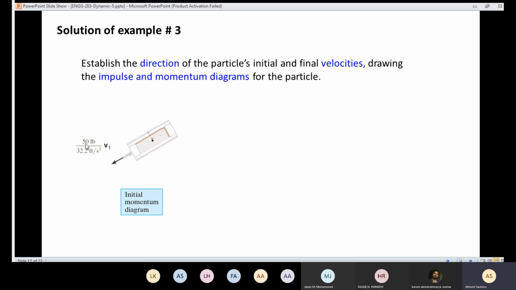We are going to have the mass times the velocity. In the question they give us the weight, so I need to divide it by the gravity, and in US customary units, the gravity is 32.2 feet per second squared. So this quantity represents the mass, and it should be multiplied by V1. This represents the initial momentum diagram. We show the direction, and here we have the quantity.